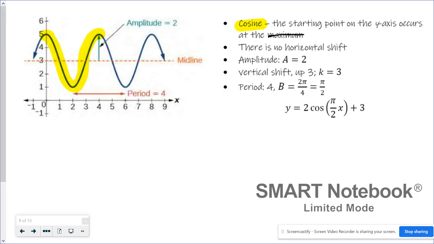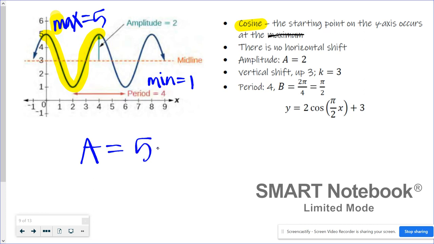Now, if you can't visually see it, you can do the amplitude math, because your max, oops, let me get a pen out here, because your max is 5, your min is 1. So that means that amplitude would be max minus min divided by 2. So 4 divided by 2 is 2.